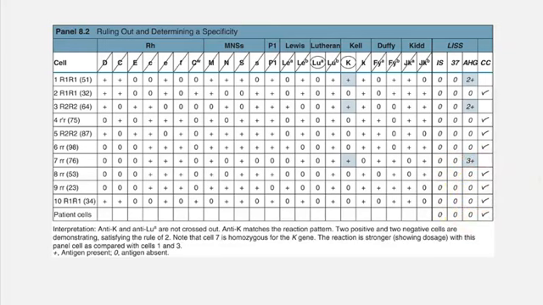So what we do, we're going to begin with the first negative reaction. Looking across the panel, we're going to place a line through any antigen specificities that are positive. So this is our first negative reaction, the first one where we have negative reactions at all phases of testing. So then when we look across to the donor's phenotype here, we're going to cross out or place a line through any antigen specificities that are positive.